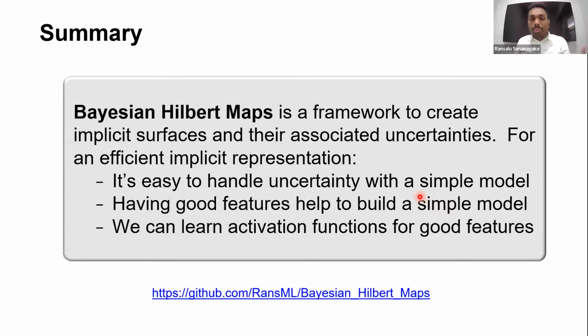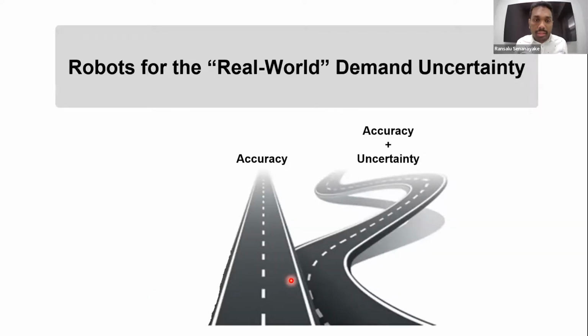So to get a simple model, we really need to work on getting good features. To get good features, we really need to work on having a really nice set of activation functions and learning these more meaningful activation functions rather than just picking something randomly. You can find most of this code online on my GitHub.